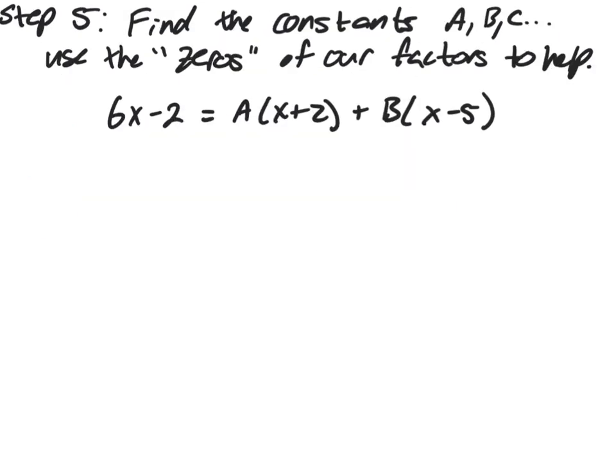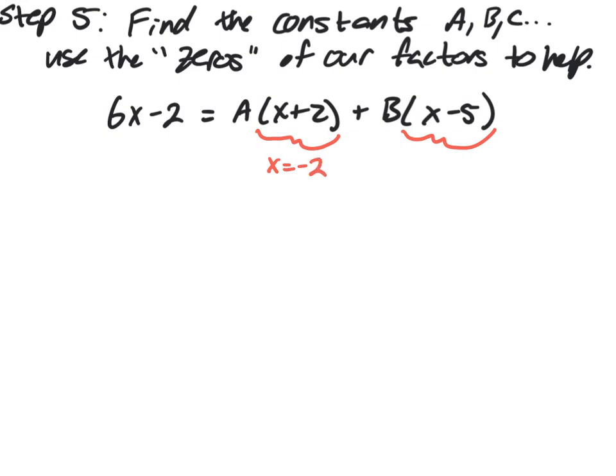So the next thing, how can we find those? We do want to find these constants, and we're going to find them using the zeros of our two factors. So if we look at our two factors here, x plus 2 and x minus 5, well, this first factor, x plus 2, is going to become 0 when x equals negative 2.